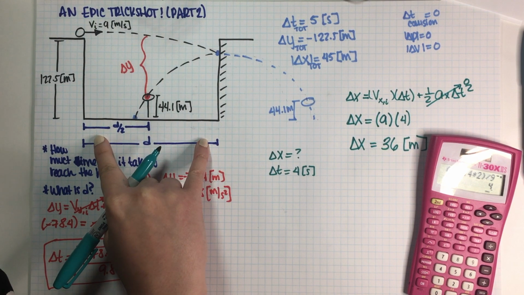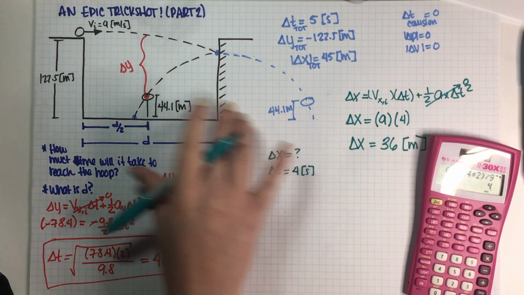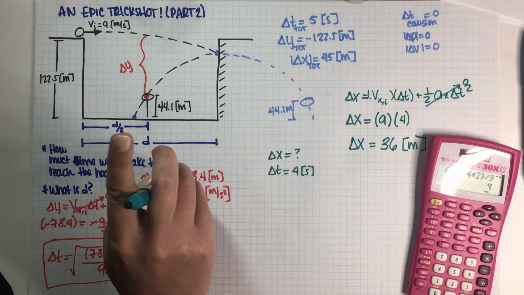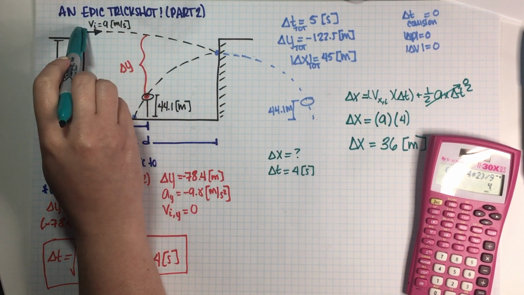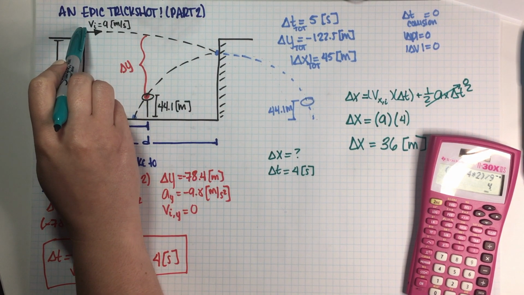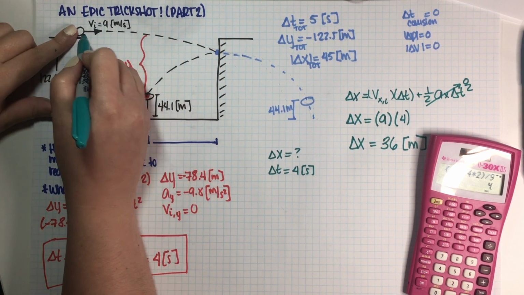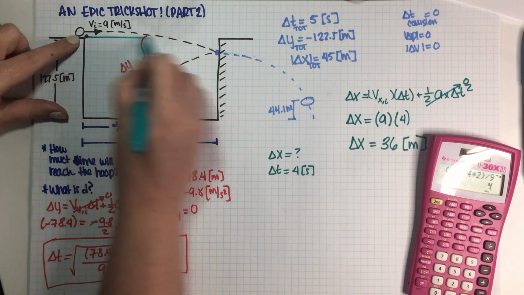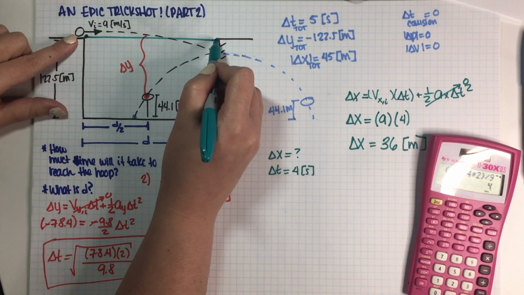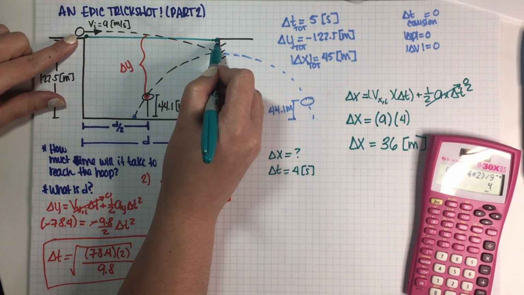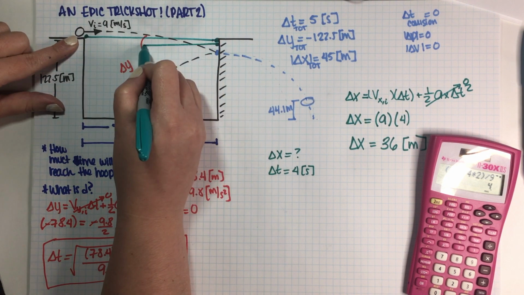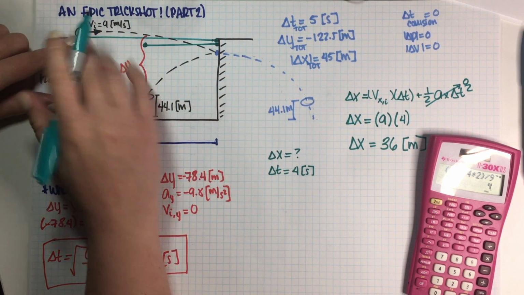But this is going to be very helpful, because just think about it. The total horizontal distance that this ball traveled was 36 meters. And in terms of horizontal distance, what was the actual traveling? Well, you went from this side of the wall to this side of the wall, you hit the wall, and then horizontally you traveled halfway back. Remember, this is just the x component.